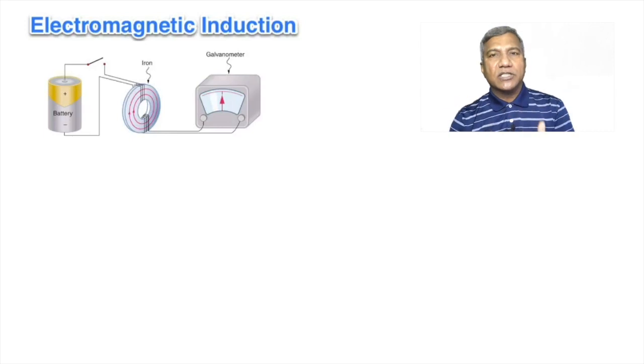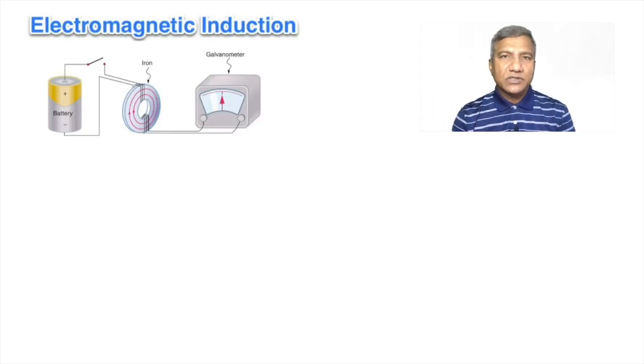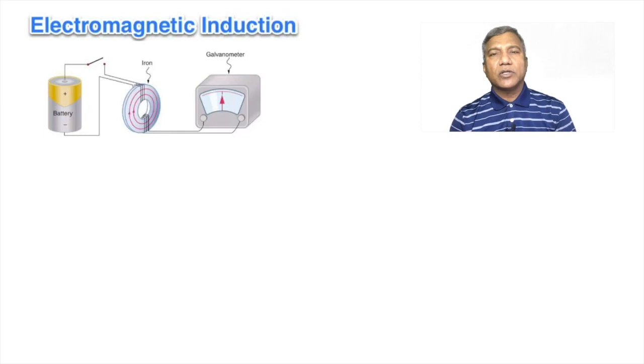And this changing magnetic field associated with the bottom coil once again induces a current in it, but this time the current is going to flow in the opposite direction. So we see the galvanometer move in the opposite direction. In summary, a changing magnetic field induces a current, and the direction of the induced current depends on the changing magnetic field. We're going to look at this in detail in the sections to come.